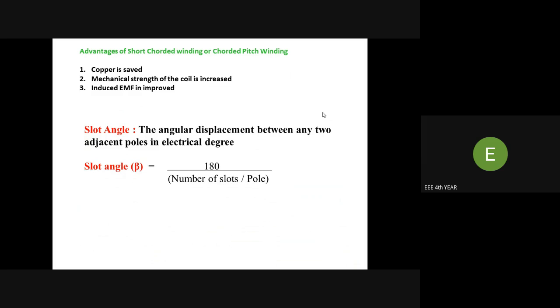Slot angle is the angular displacement between two adjacent slots in electrical degrees. That is, slot angle beta equals 180 degrees divided by the number of slots per pole.